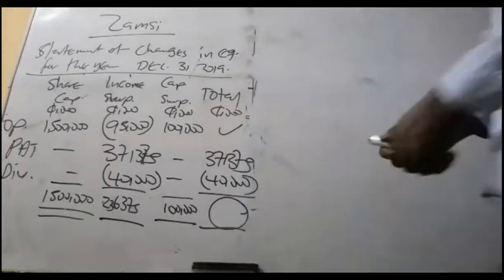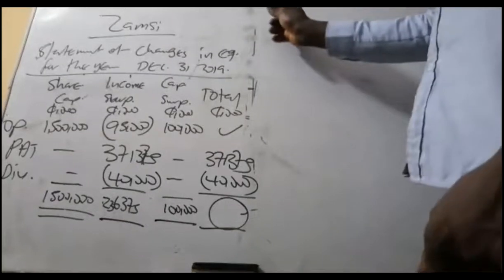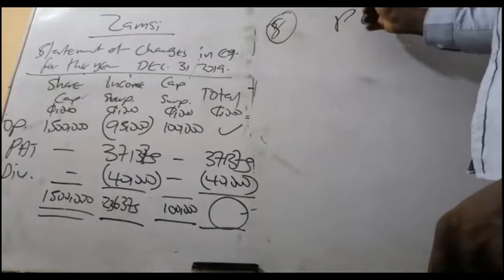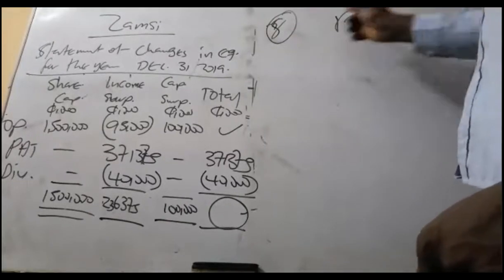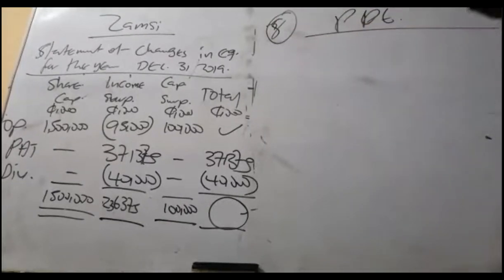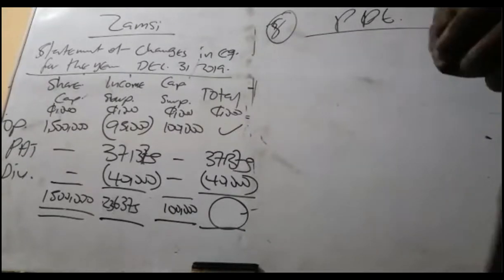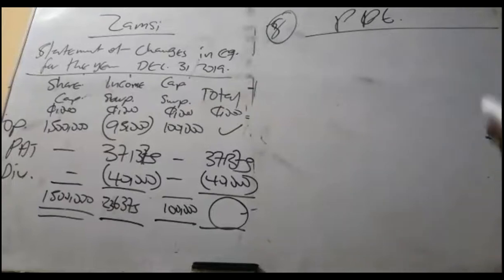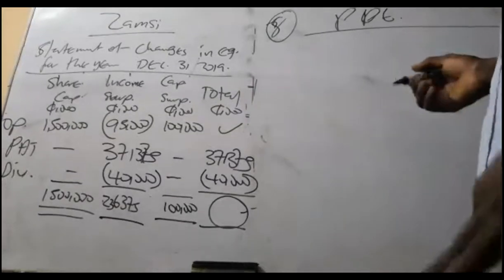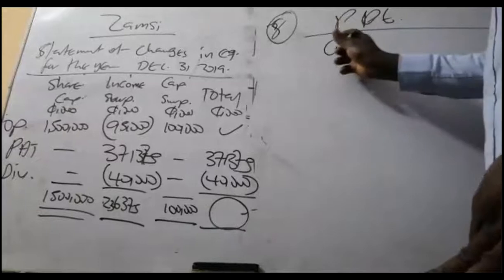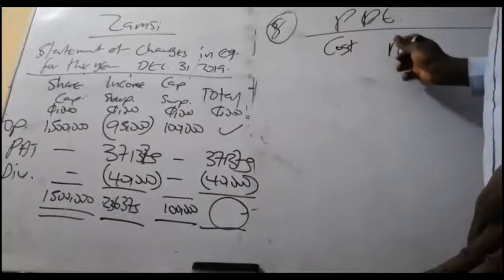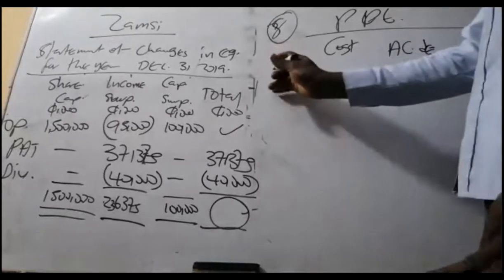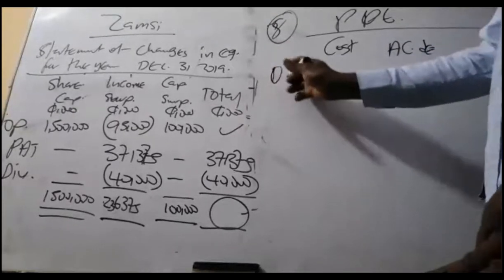The next working I'm going to do is on PPE, working number 8. With PPE, all you have to do is the smart way. Bring the cost here, bring the accumulated depreciation here, and start. Maybe office equipment.